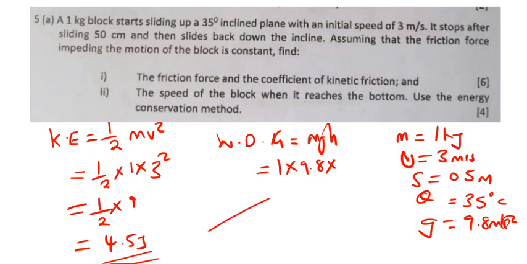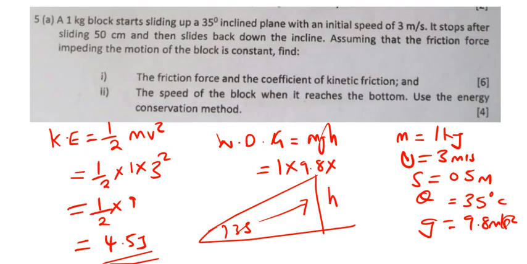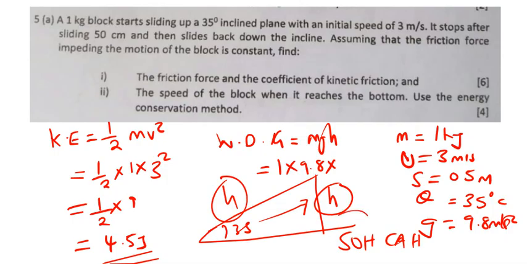If this is a block, this is 35 degrees, and this is the height, and this is the hypotenuse. So we have SOHCAHTOA. Sine is equal to opposite over hypotenuse. So we're going to use the sine, which is going to give us the height.